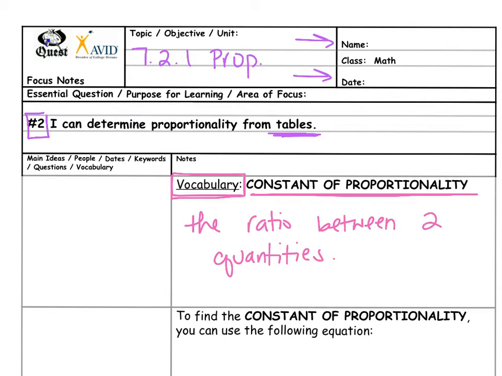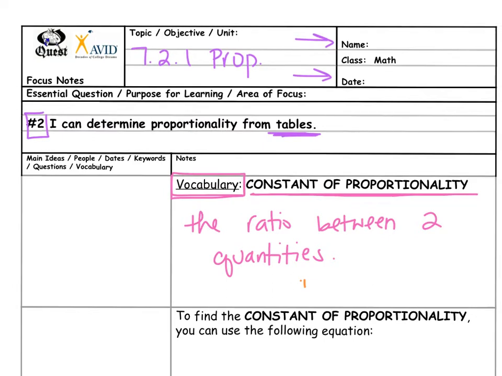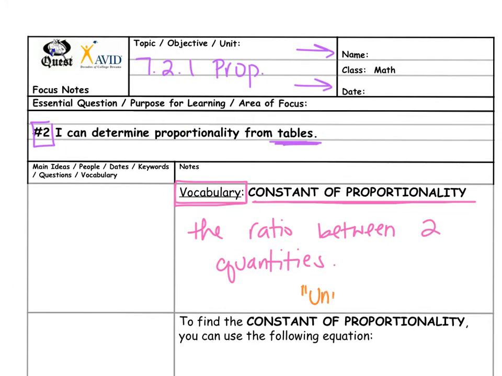That's it. I always think of this as really just a fancy way of saying unit rate. So if you can remember the constant of proportionality is simply the unit rate, you'll be just fine.